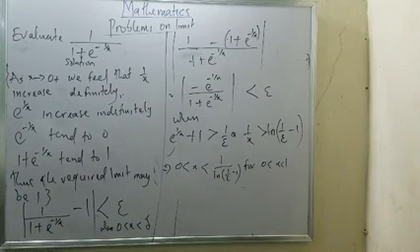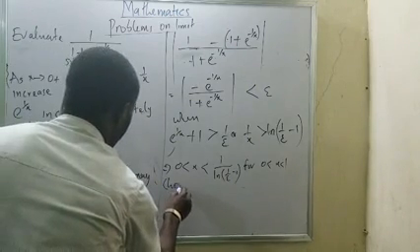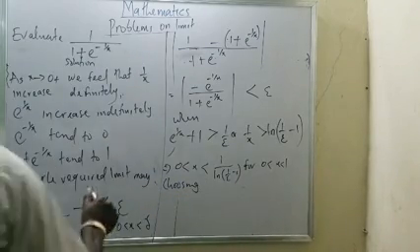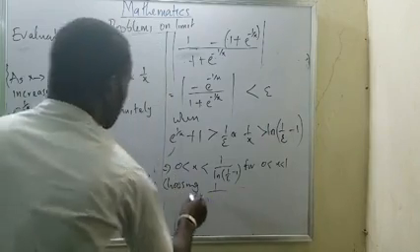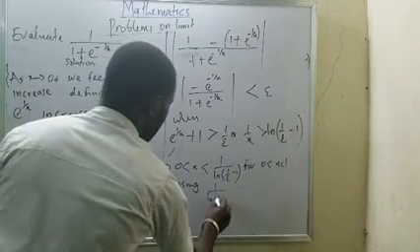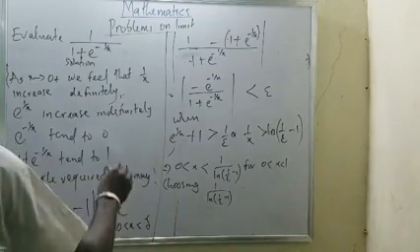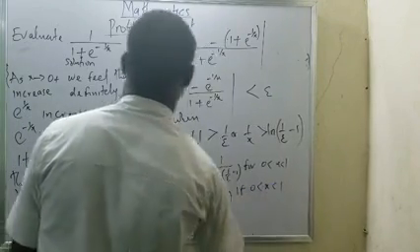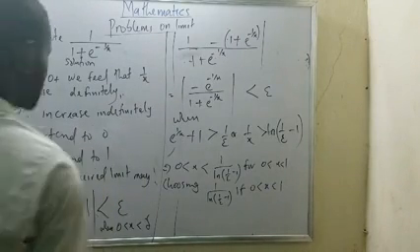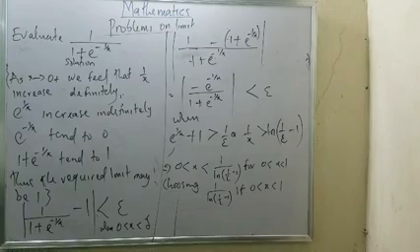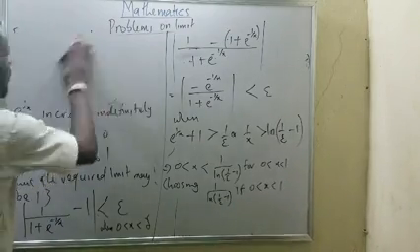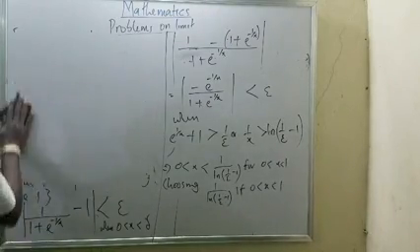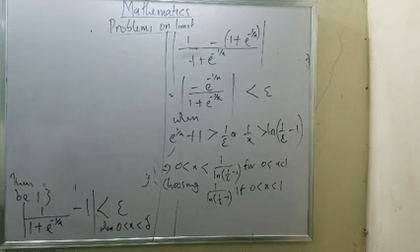Now, choosing my delta as 1 all over ln of 1 all over epsilon minus 1, if 0 is less than x less than 1.